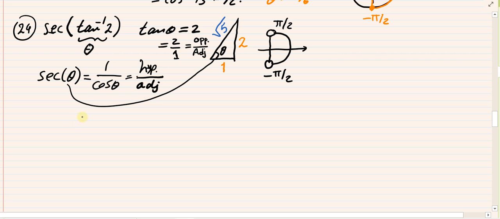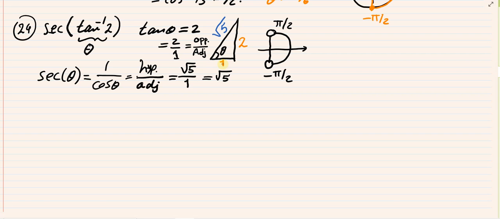However you look at it, the hypotenuse is root 5, adjacent is 1. So the answer is root 5. That's the answer. And there we have it. So if something is not a special angle, we need to draw the triangle and get it from the triangle.